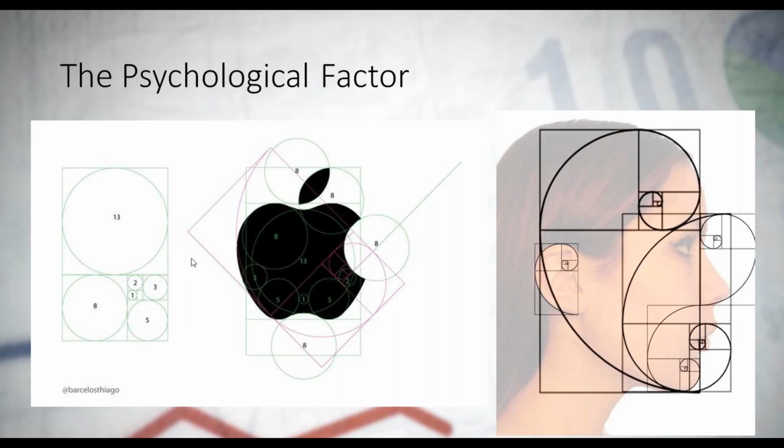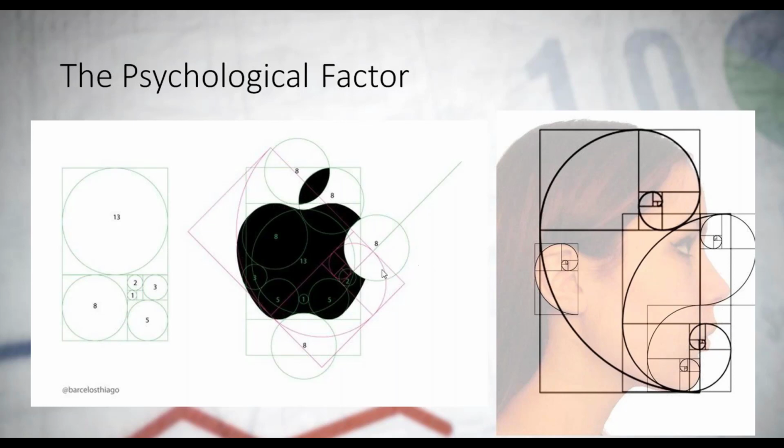So these are not simply random areas or written numbers in the circles. Circle number 5 takes 61.8% of circle number 8, and for example, circle number 3 takes 38.2% of circle number 8.